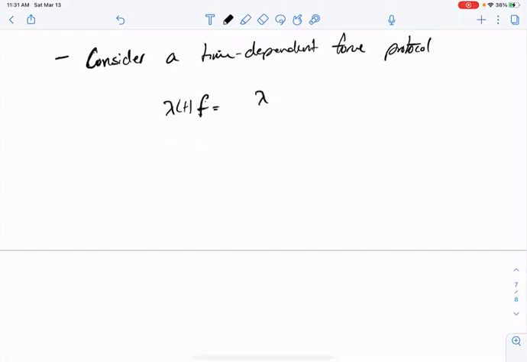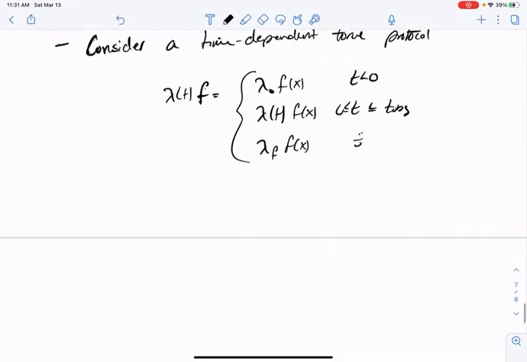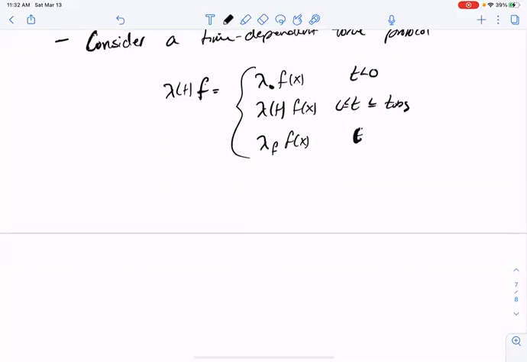One in which it is held fixed at some lambda naught for times less than some origin. It is ramped with some protocol lambda of t for times greater than 0, but less than some observation time, at which point it is set to another constant, some lambda f, for t greater than some observation time.